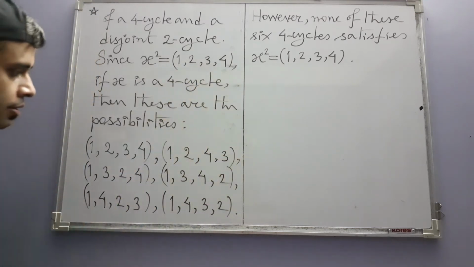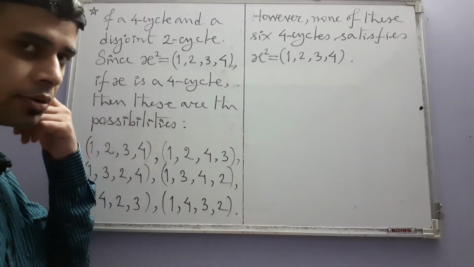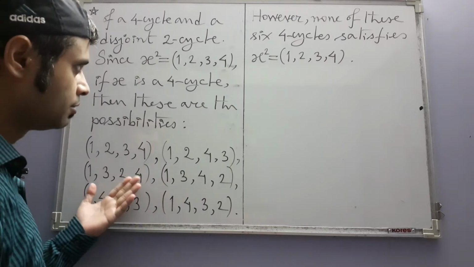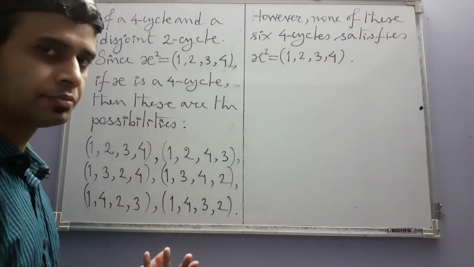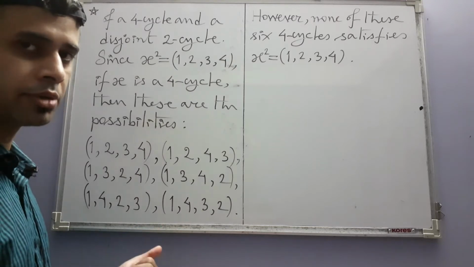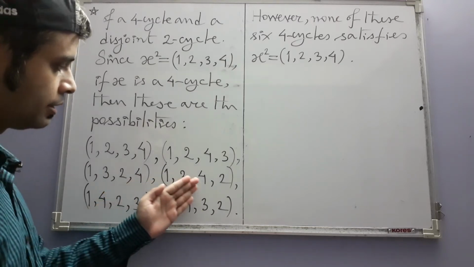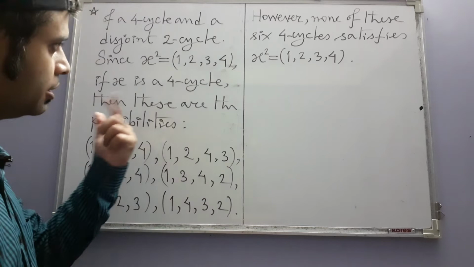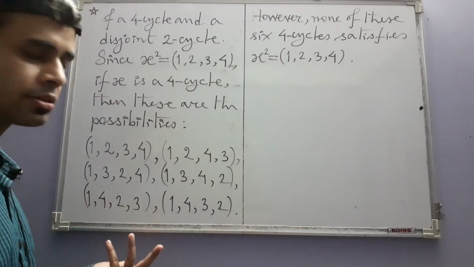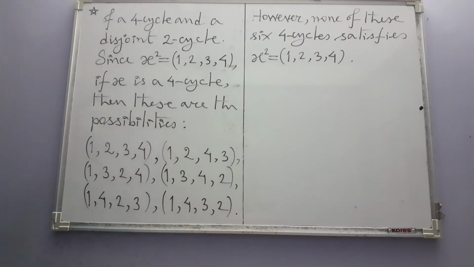Similarly, you will see that the others are also ruled out. Maybe if you take the square of the other 4, one of them will actually give you 2 as the image of 1, but in the other parts it will not match with this. Okay, so that I leave to you. It's just 6 of them, so you can easily see.